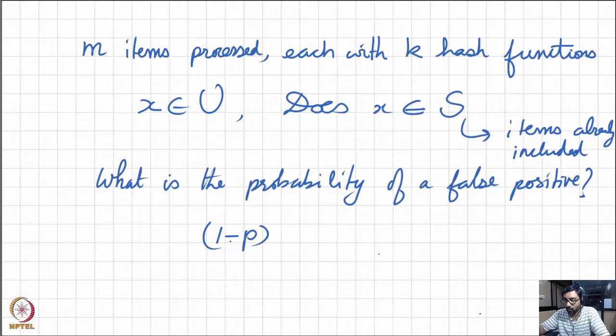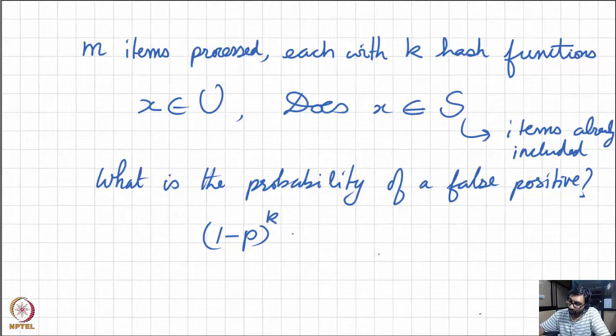But that's with one hash value. To get a full false positive, all k hashed values should land in cells that are already set to a 1. So that event is going to happen with probability (1 minus p) raised to the power k.